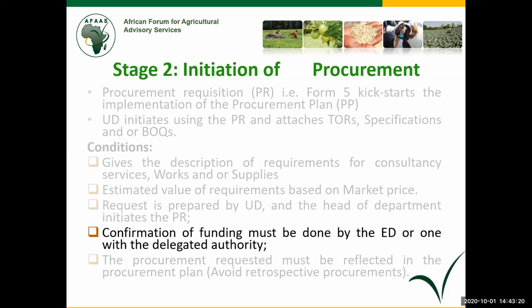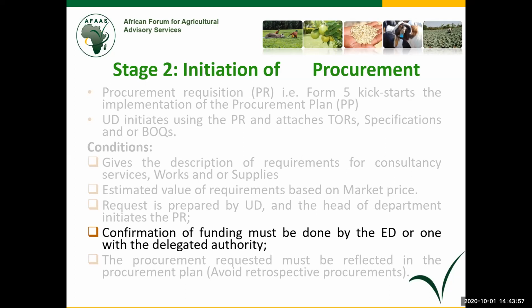Confirmation of funding must be done by the ED, as I said earlier, but at times they delegate this function. In our case, the ED does it, but he gets reasonable assurance from the finance department that the money is available. That's why in your requisition, we are insisting that you must tell us the activity, where you are getting the money, to enable finance detect very fast whether the money is available under that code.